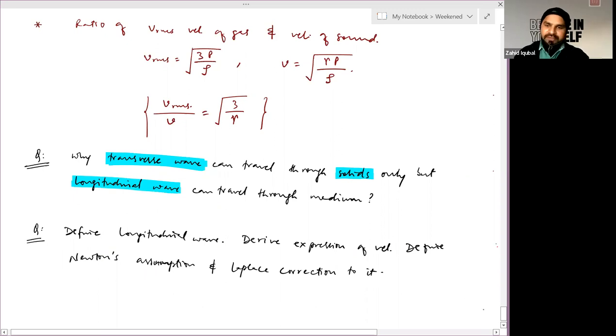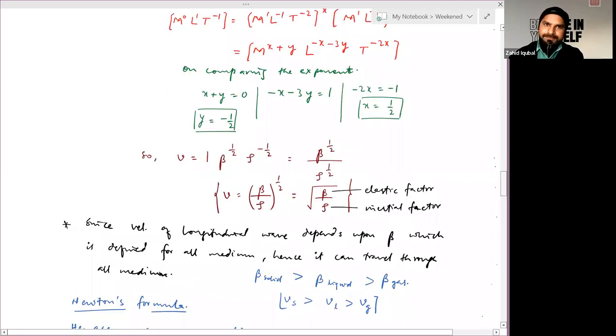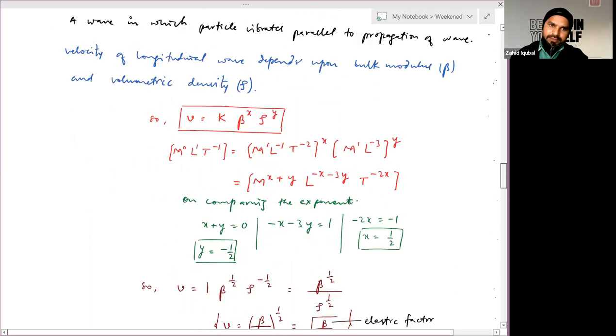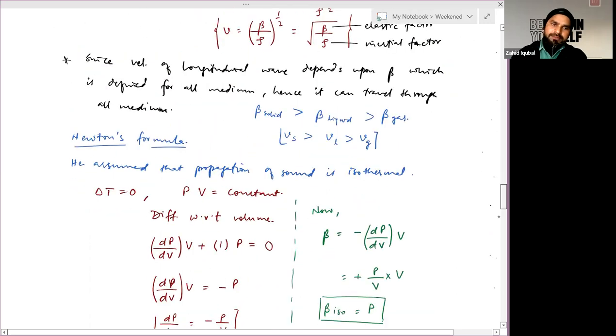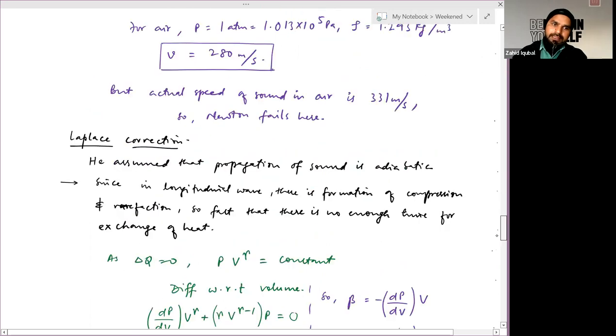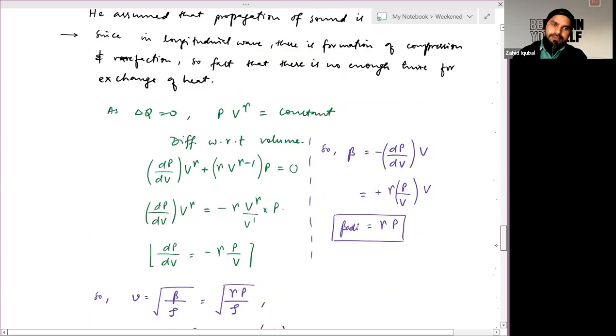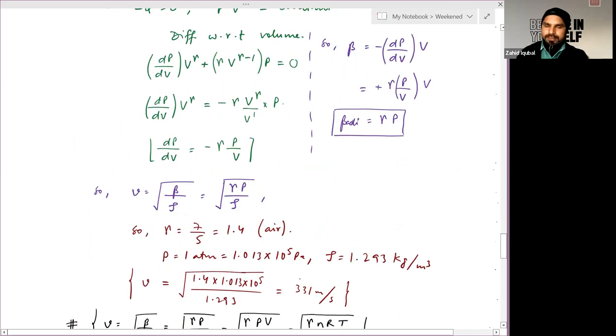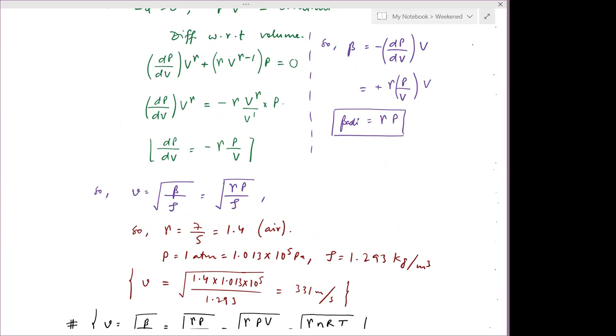This entire question will be of 5 marks. So for this part, you have to answer from longitudinal wave, its definition, velocity, Newton's assumptions, and then Laplace correction to get 331 meter per second. This entire thing you have to write. Mamuna, is it clear? Yes.